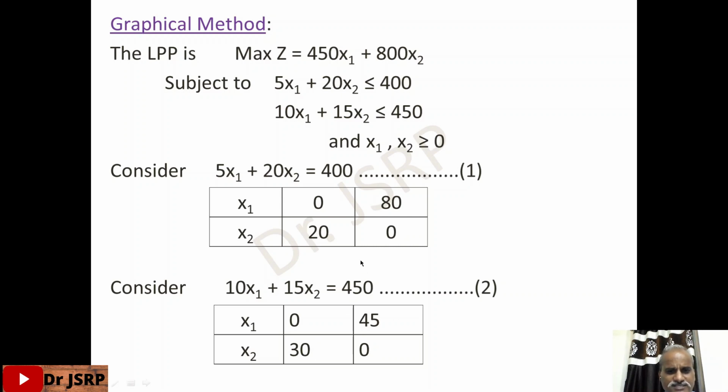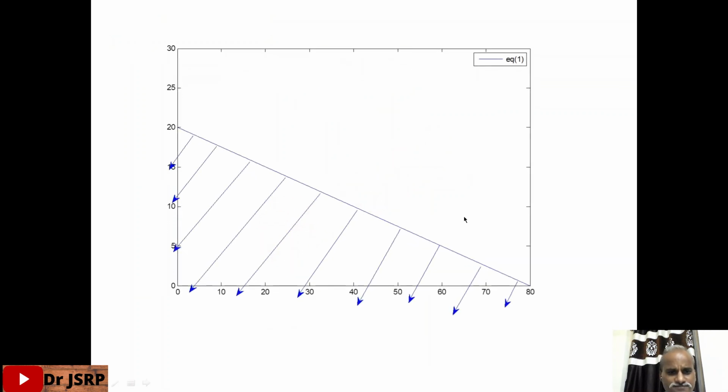Based on these values we have to choose the scale. On the x-axis, since the maximum is 80, take 1 centimeter equal to 10 units: 10, 20, 30, 40, 50, 60, 70, 80. Use a scale and pencil to mark the units with equal distance, that is 1 centimeter.